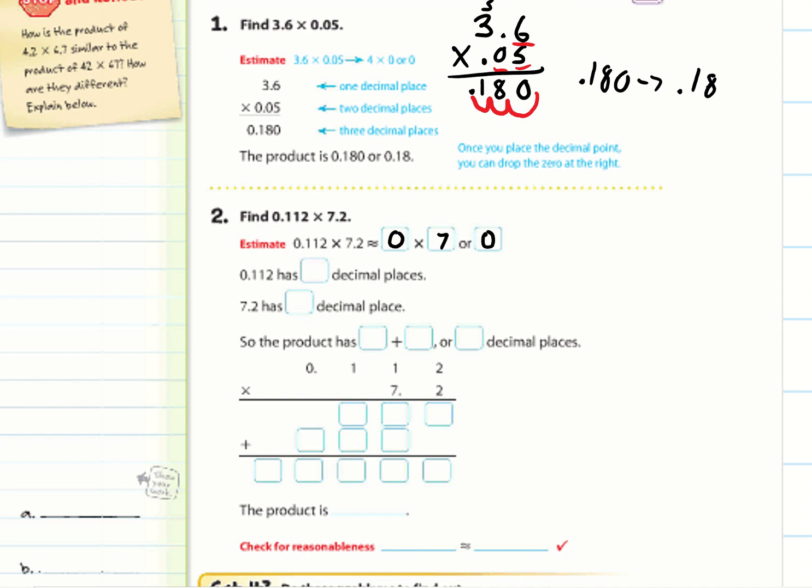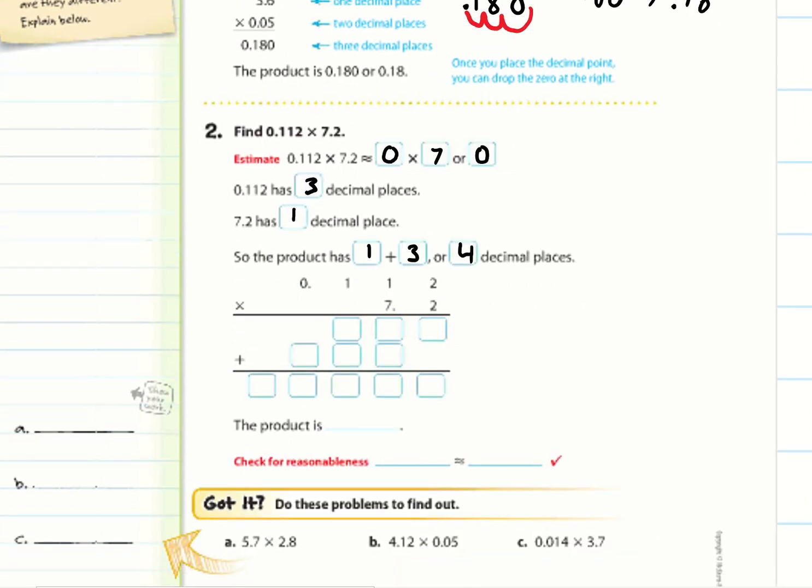So 112 thousandths has 3 decimal places. 7 and 2 tenths has 1 decimal place. So the product will have 1 plus 3, or 4 decimal places, because we have 1, 2, 3, 4 numbers to the right of the decimal.